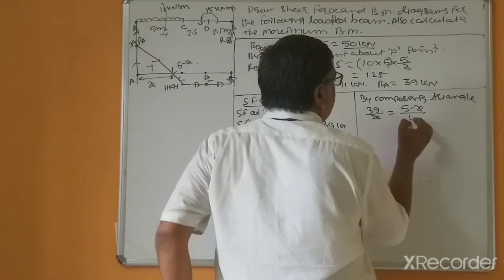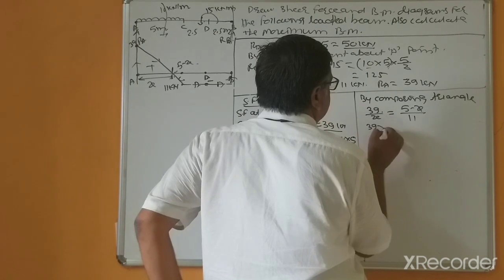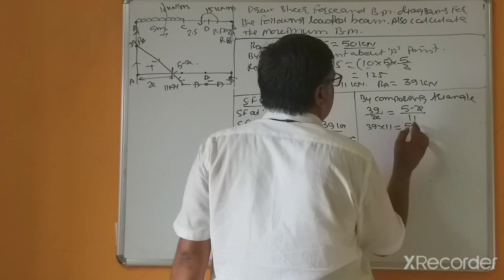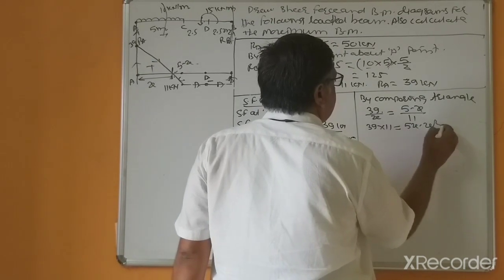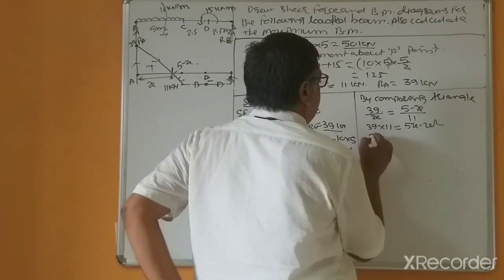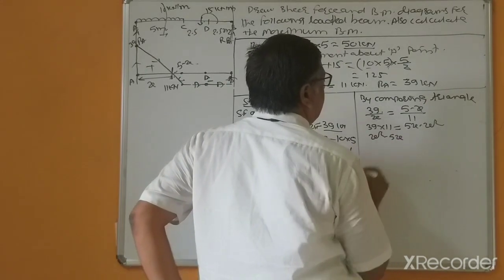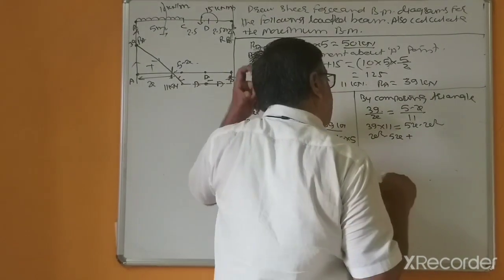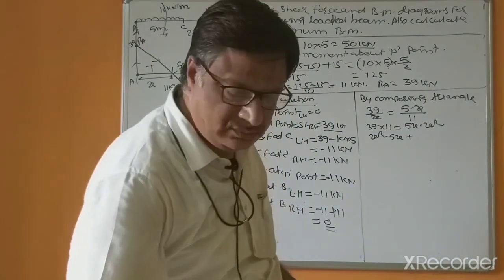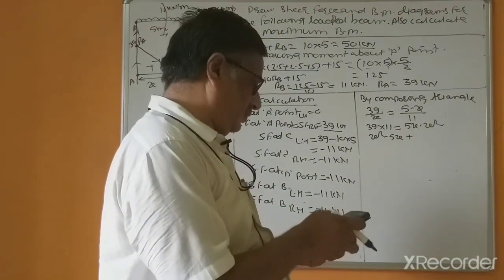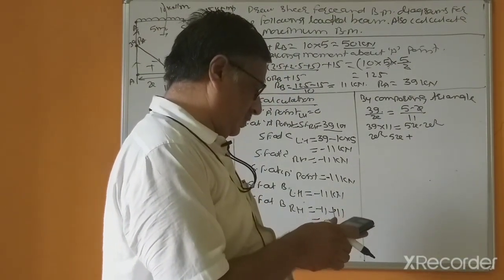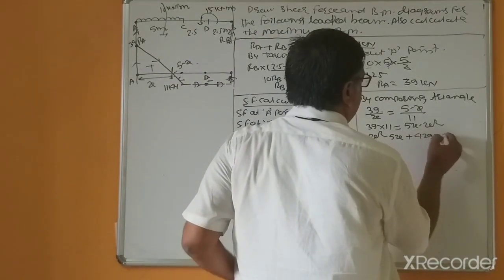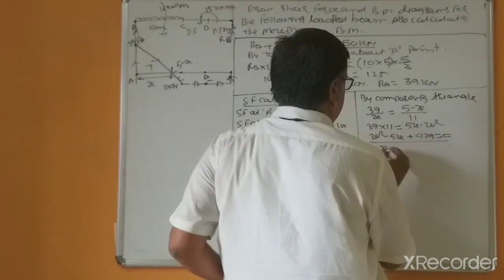So x square minus 5x plus 39 into 11, 429, equal to 0.